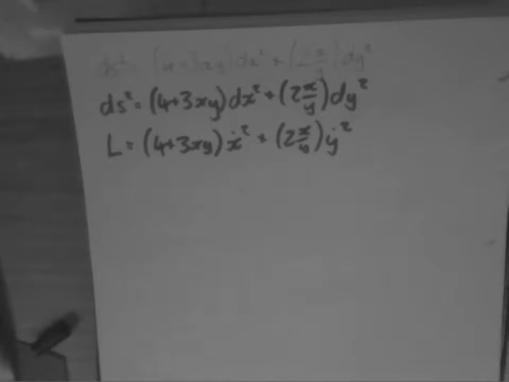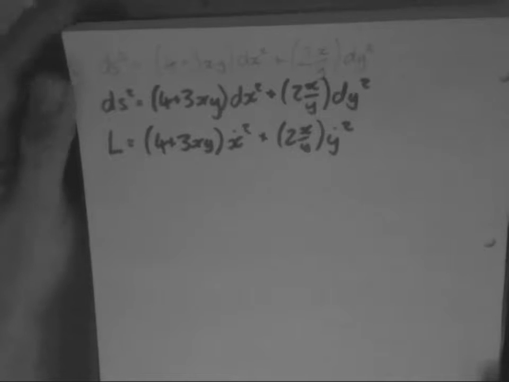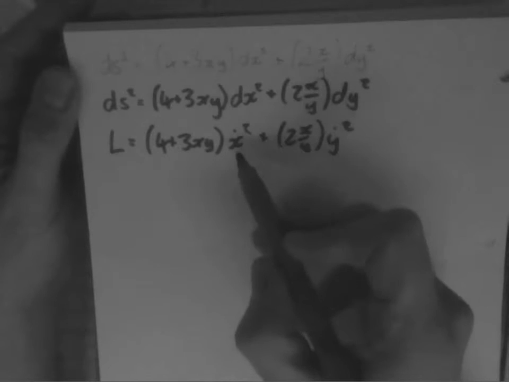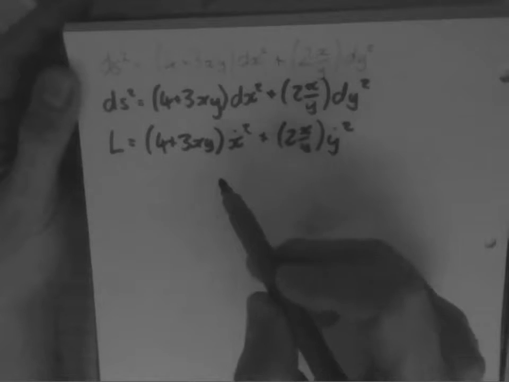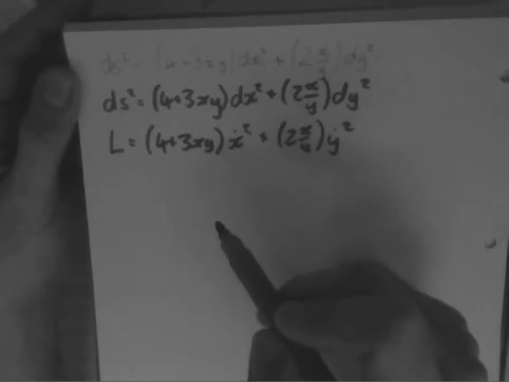For working out trajectories, L is equal to 1 for particles, and L is equal to 0 for light rays. What we're going to do here is work out the Christoffel symbols, using the Euler-Lagrange equations. It's in x and y, so in 2 dimensions, there are going to be 8 different Christoffel symbols.